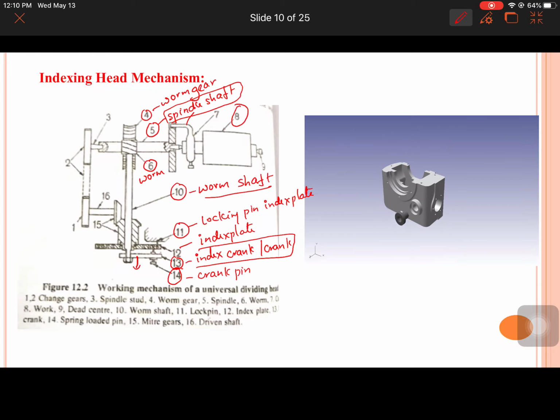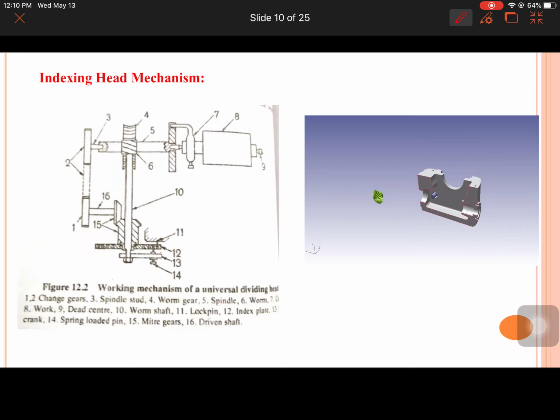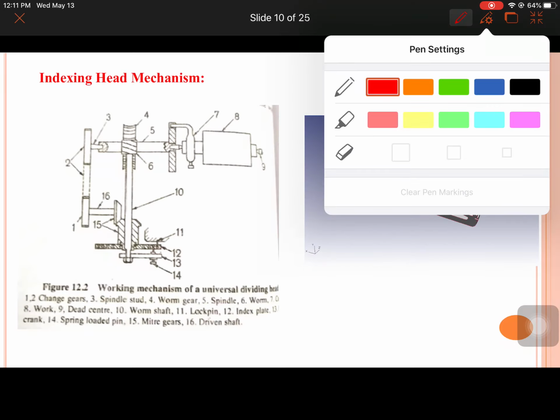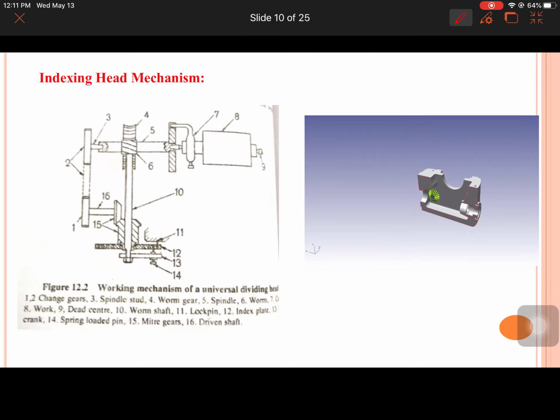In this way, the rotation of the index crank is transferred to the rotation of the spindle shaft, which is holding and revolving the work part. And you can also see some interesting features related to this.